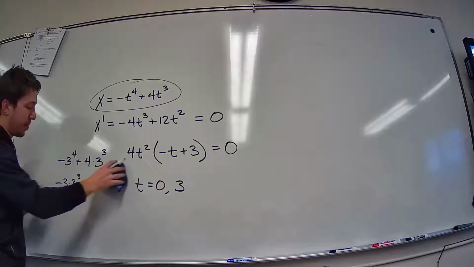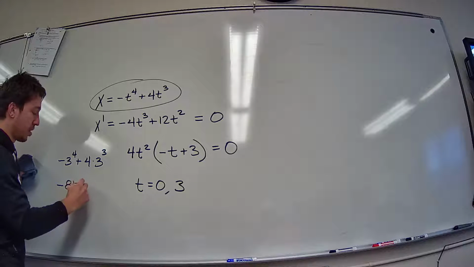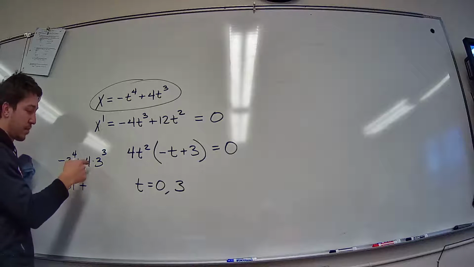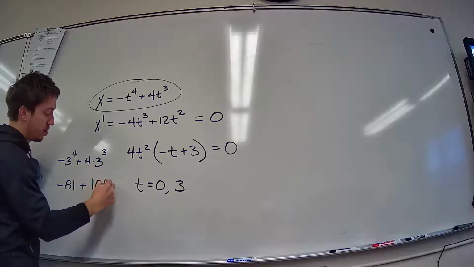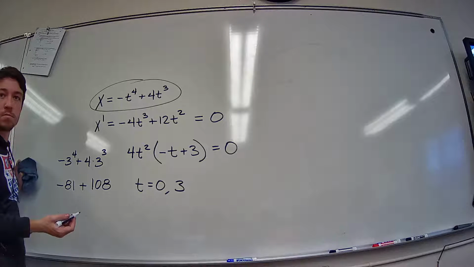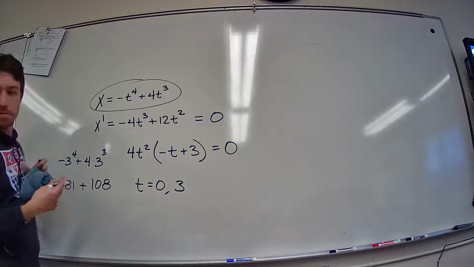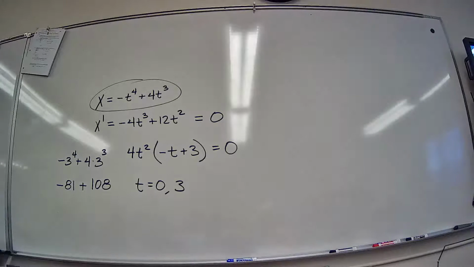But maybe that's needlessly confusing. If you just go negative 81 plus, so 4 times 27 would be 108. And if you subtract those numbers, you get 27. Cool beans? Sorry if the 4 27s minus 3 27s was confusing. I said it too fast.